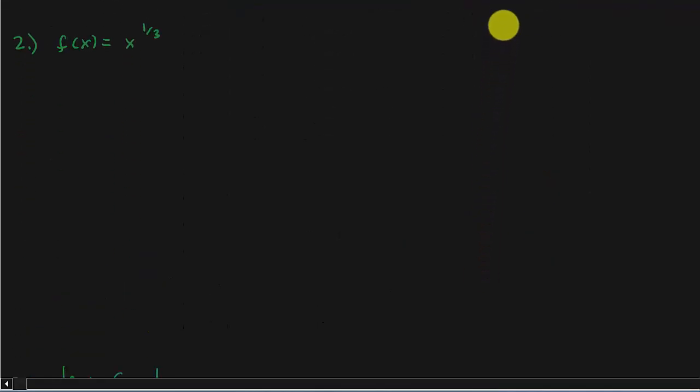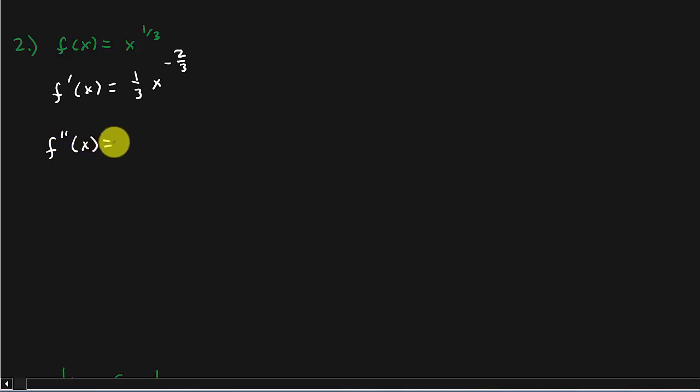All right. Let's look at problem 2. Find the inflection points. So I've got f prime of x is 1/3 x to the -2/3. F double prime of x is -2/9 x to the -5/3.